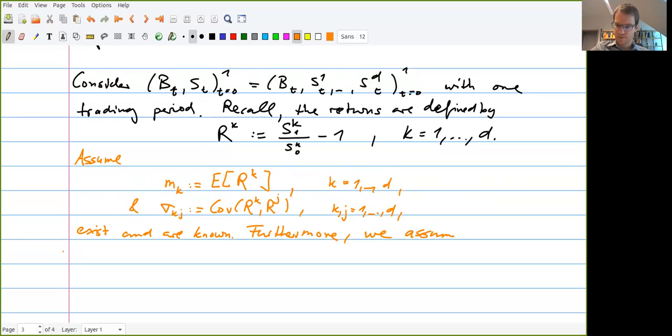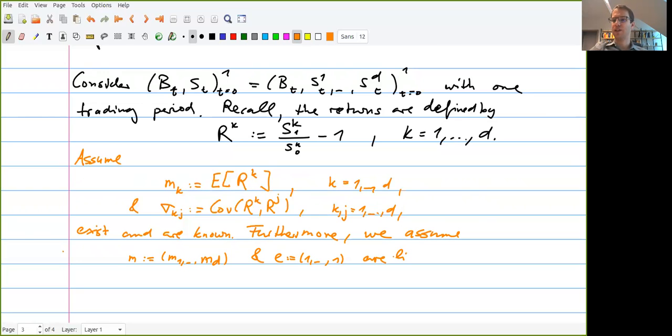We assume that we have a market which is basically non-redundant. If we look at the vector of all the mean returns and the vector e, the vector with only ones as entries, they are linearly independent.